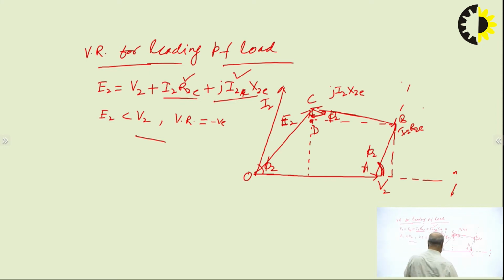Now suppose this is E. Now we can write E2, our E2. As in the previous case, suppose this angle between E2 and V2 is alpha.